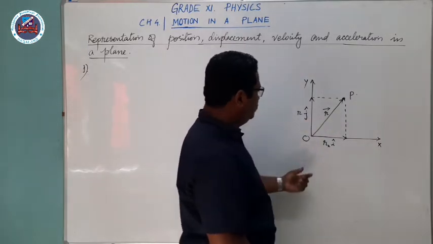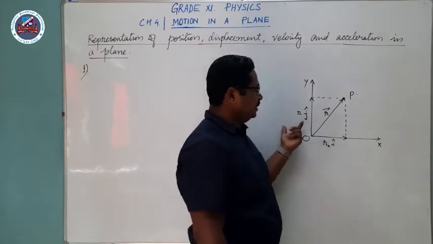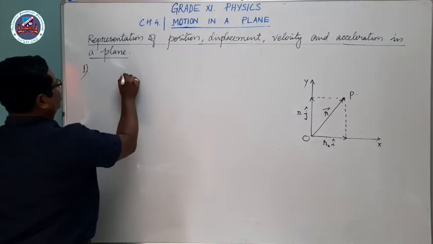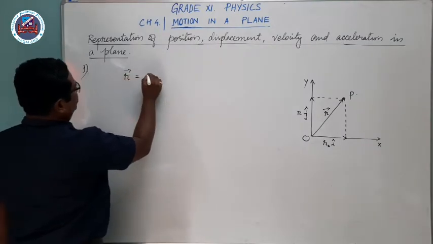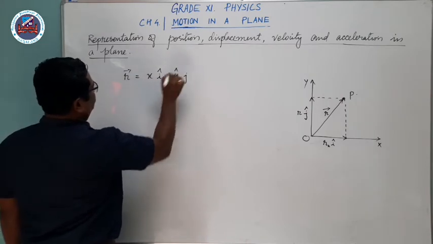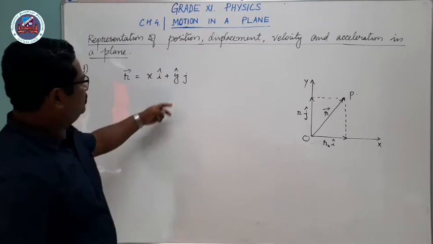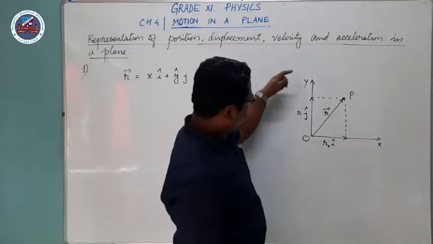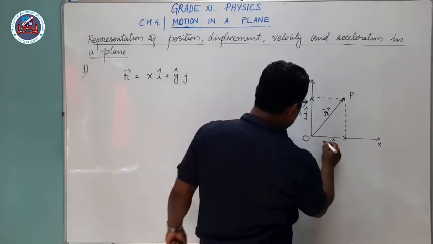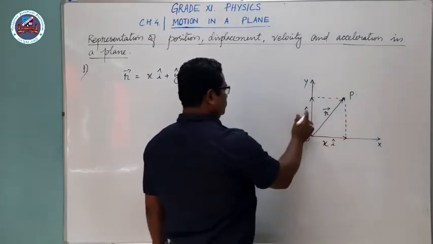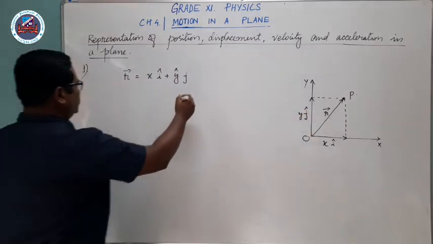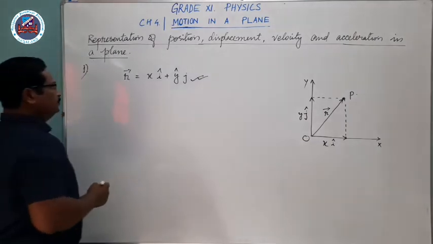If you write this in terms of x and y, then you can represent the position vector R as x along the x-axis, i cap, plus the y value along the y-axis, j cap. So this gives us the representation of position vector R.